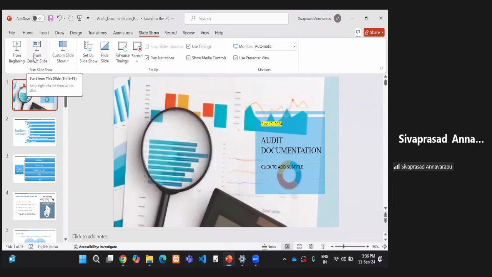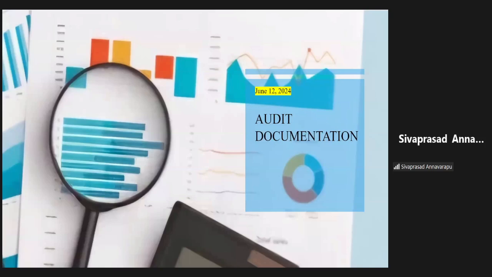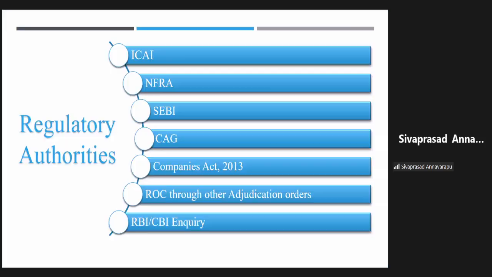Okay. So a little brief on the audit documentation. As rightly introduced, SA 230 mandates us to maintain the audit documentation. And apart from being a regulatory requirement, apart from the auditing standard, an audit is guided by a lot of regulators. Firstly, our mother institute, ICAI, to not be under disciplinary action.